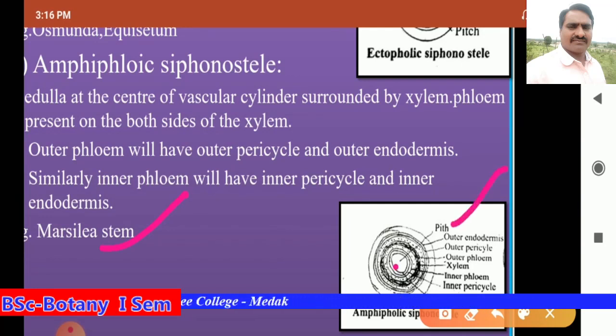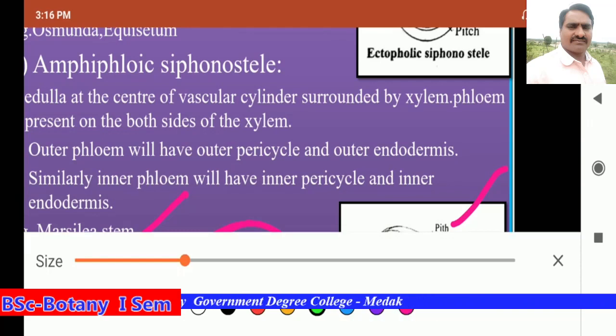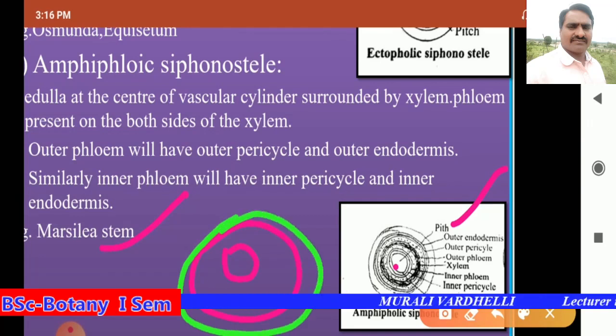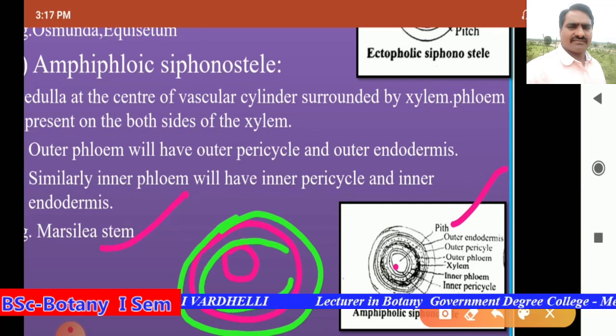This pith is surrounded by xylem. This xylem is surrounded on both sides, so this one is outer phloem and this is inner phloem. So outer phloem and inner phloem.